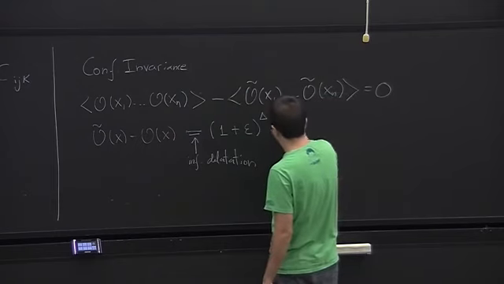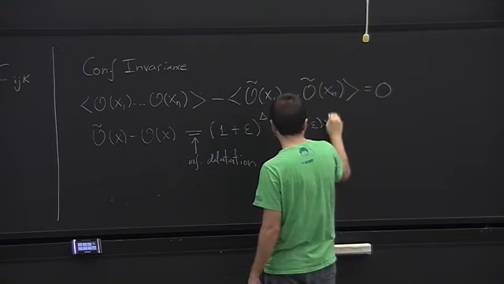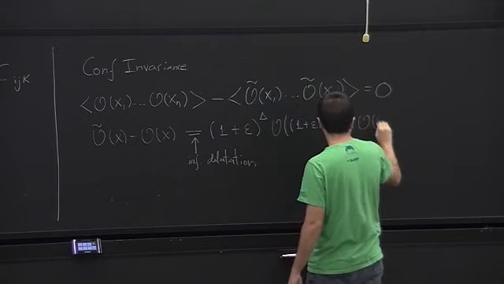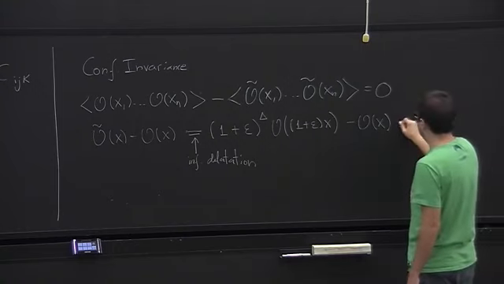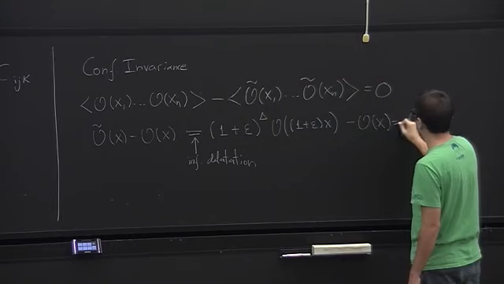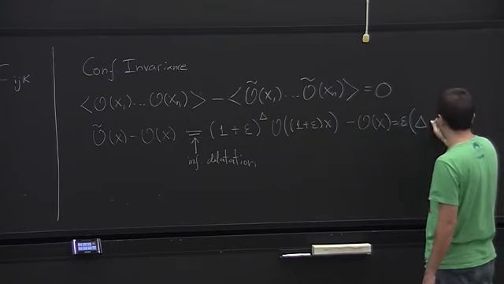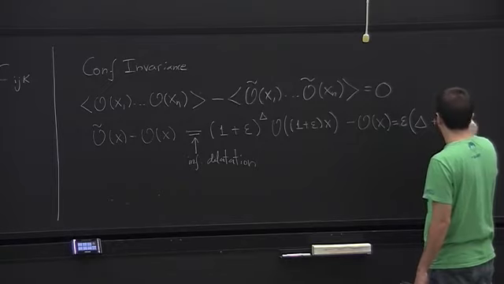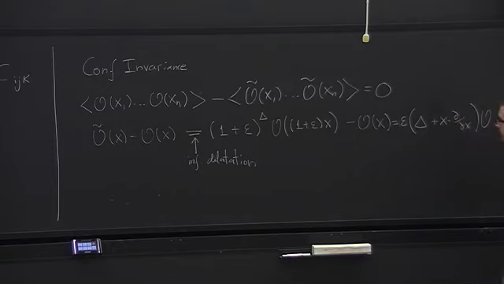Then we have the operator at the point x tilde, which is 1 plus epsilon times the point x, minus the operator at x, which is just equal to epsilon, so it's infinitesimal, it's very small, and then delta plus x d dx acting on the operator.